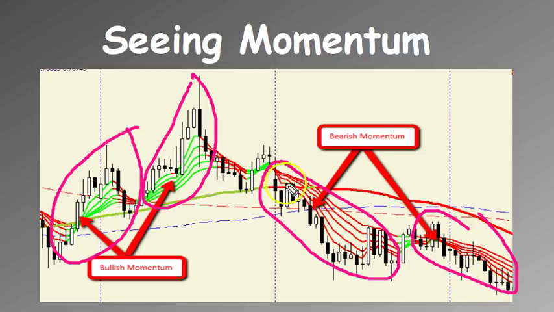So you can see that as price moves up fairly rapidly, over here as price moves down rapidly, here we have increased momentum to the upside, here we have increased momentum to the downside, and the only time momentum stalls or slows down is when it's going sideways. Okay, let me just take that off.